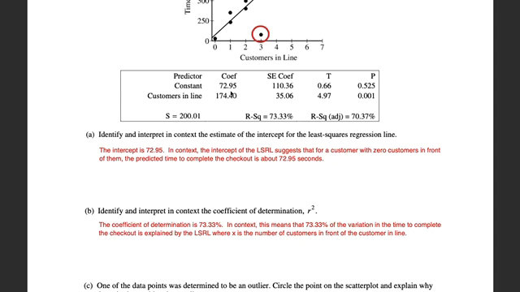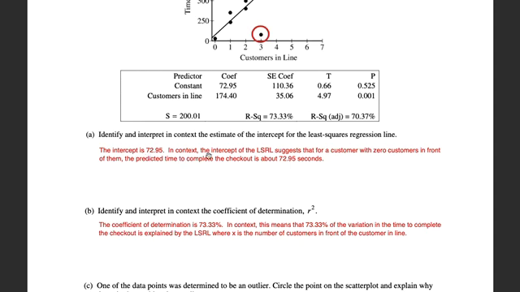So the intercept is 72.95. So remember, the intercept is the predicted y value that you get when the x value is 0. So in context, you need to describe what an x value of 0 means, and you need to explain that this is an estimated or a predicted y value.